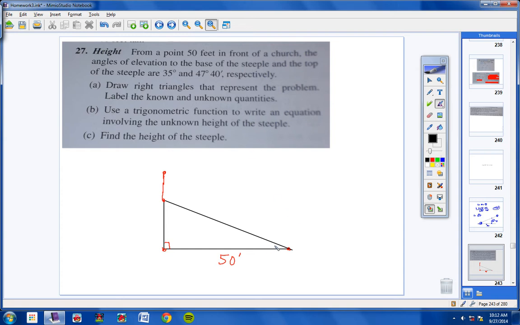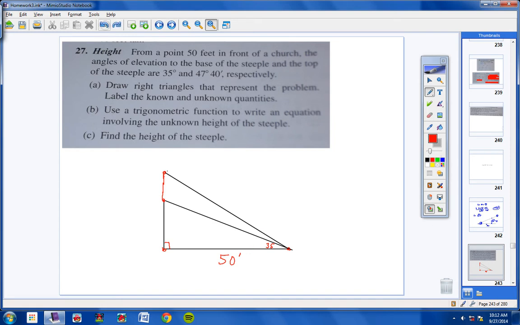So this angle right here is going to be 35 degrees. Then it says the angle of elevation to the top of the steeple, so that would be from here to here. It is going to be, students, 47 degrees 40 minutes. So that means from the horizontal all the way to there is 47:40.